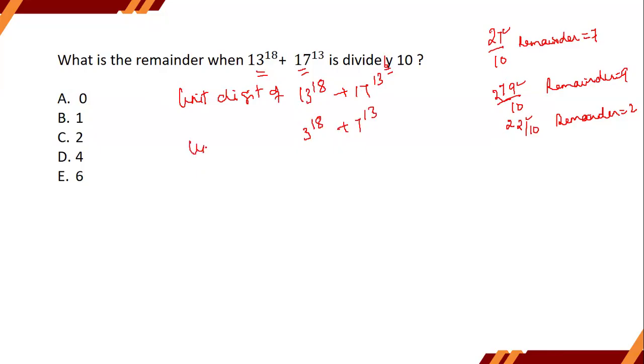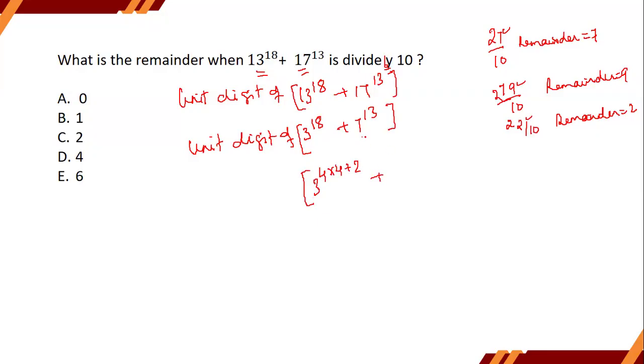Now let's do it the same way. For 3, the unit digit repeats after every 4th term, so we write the power as a multiple of 4. So we write this as 3 power of 4 into 4 plus 2.